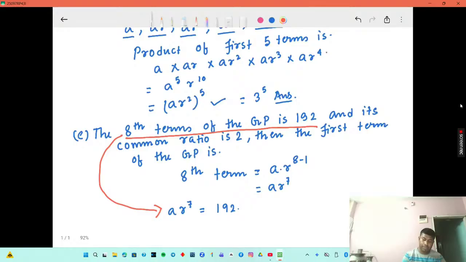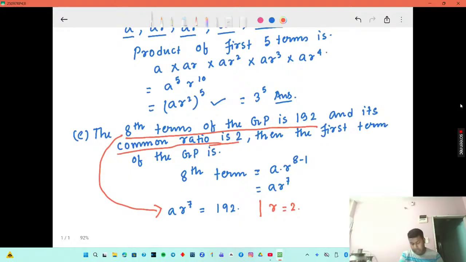The common ratio is 2, therefore the value of r is 2.